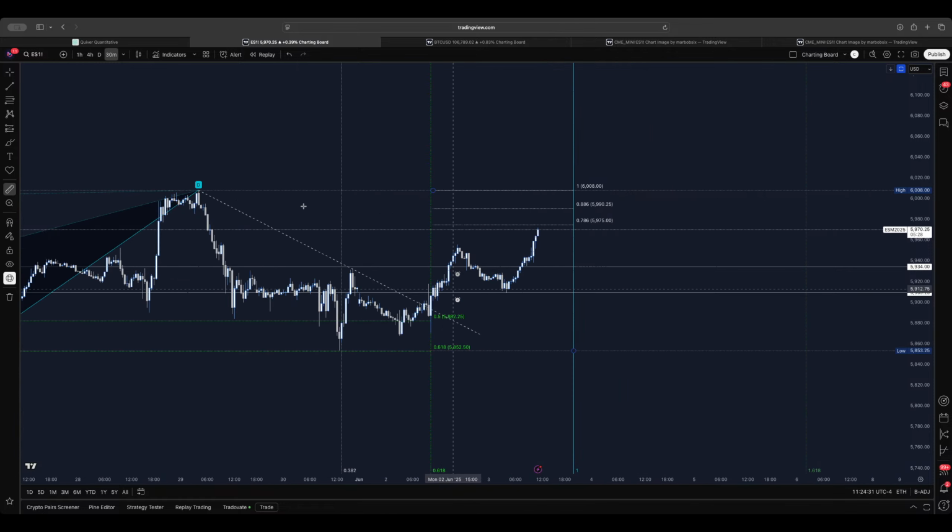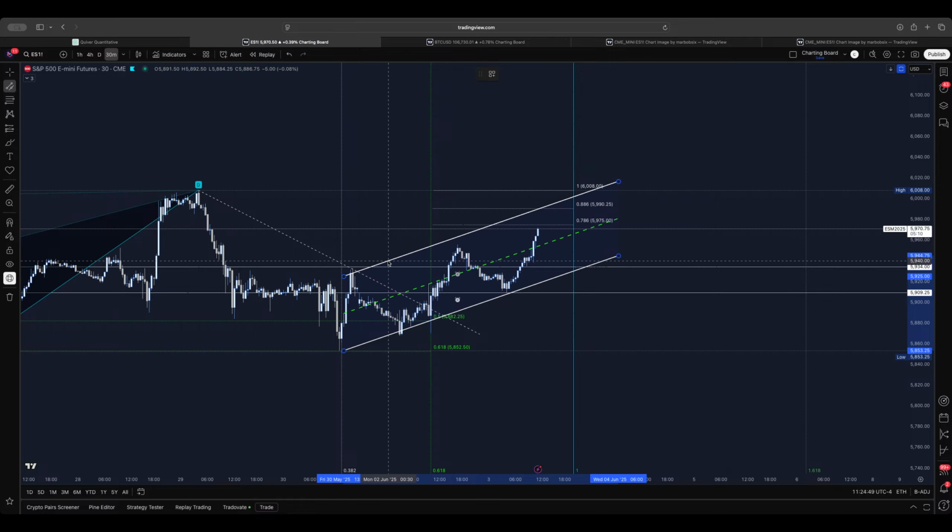Therefore, an uptrending market is presented now in the short-term trend once again, as we're printing clear market structure of higher highs and higher lows, with the lows and higher lows on the lower boundary of this channel, as well as the upper boundary for higher highs.